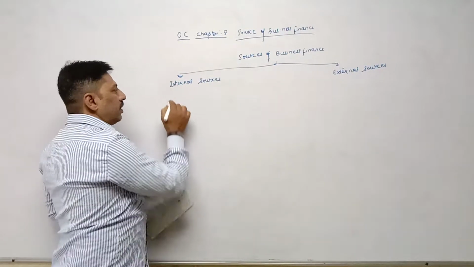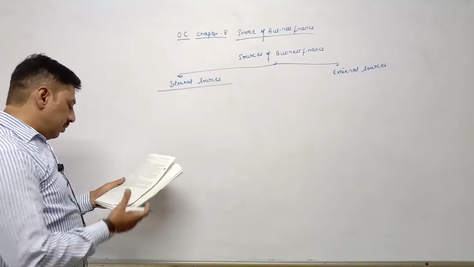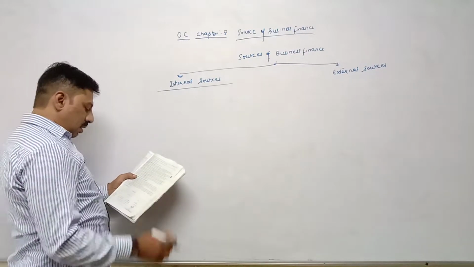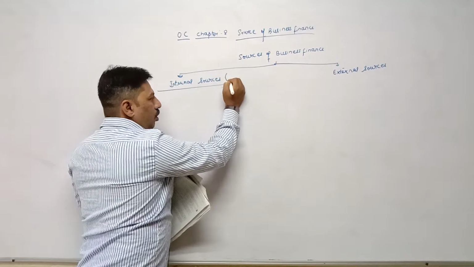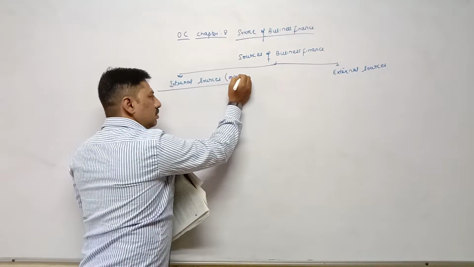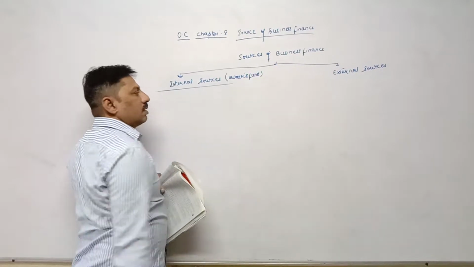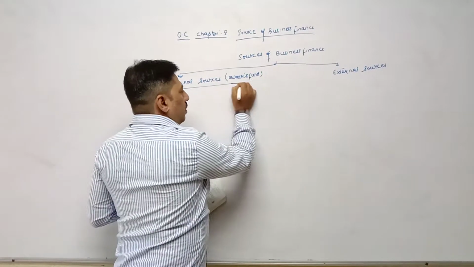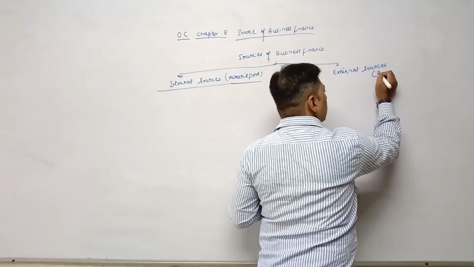In case of internal sources, according to your textbook, three types are given. Internal sources is also known as owners fund, and external sources is known as borrowed fund.